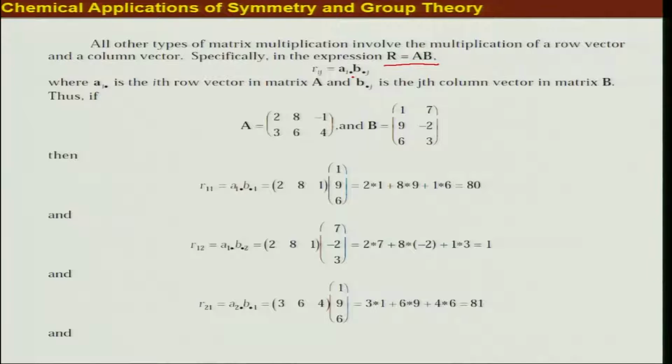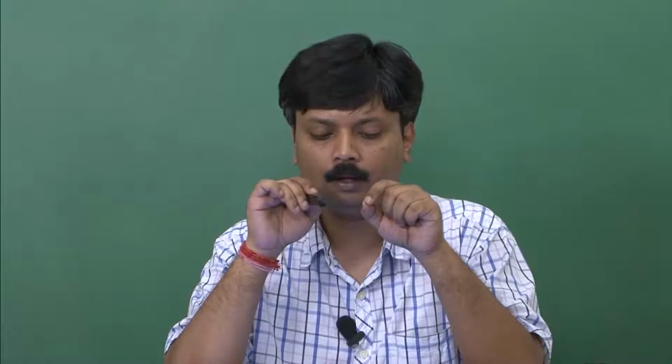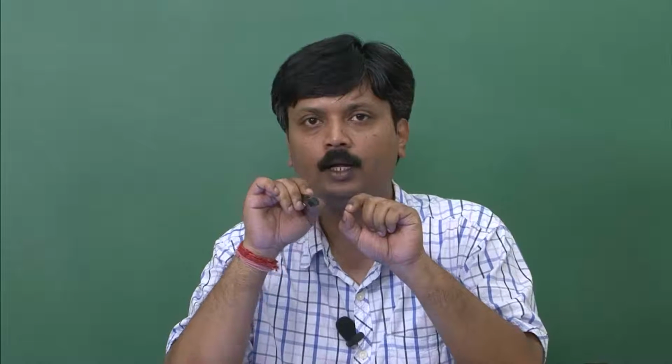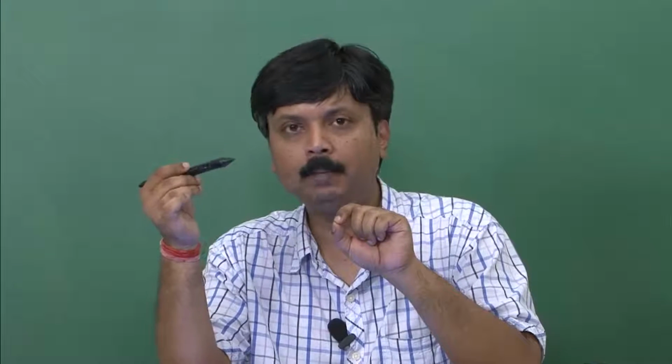Now you see that the number corresponding to the column for the A matrix is given as a dot, and the same dot is given for the number of rows for the element corresponding to the B matrix.